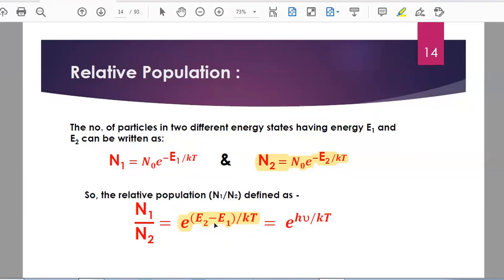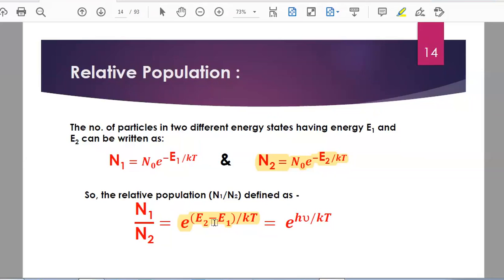Now if you remember, in the earlier lecture we discussed that whatever amount of energy you provide to the lower level state, if it absorbs the energy, it will reach the upper state. That energy supplied from the outer source is nothing but the energy level difference between level 1 and level 2.